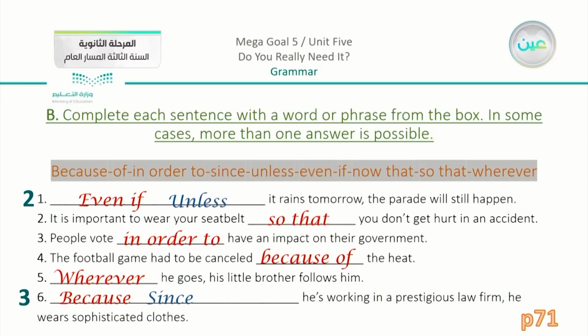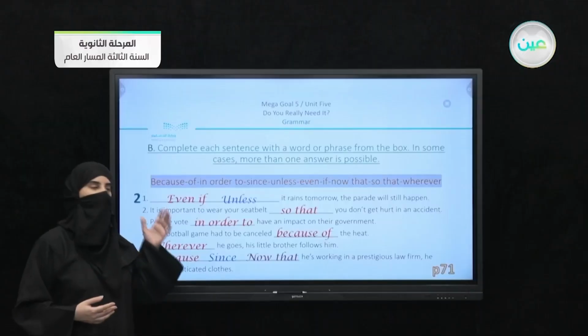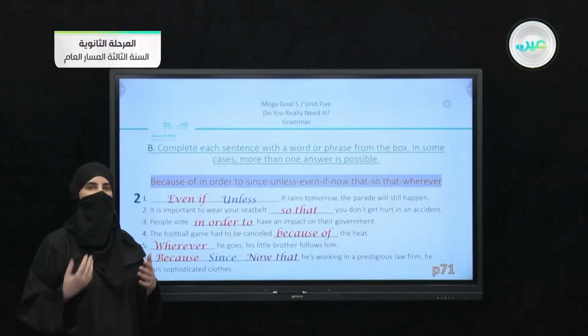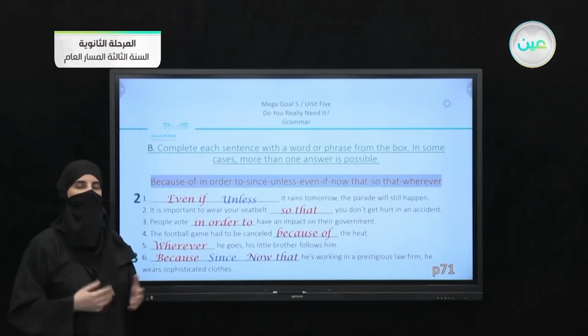Since he's working in a prestigious law firm, there is purpose. And also we can say, now that he's working in a prestigious law firm, he wears sophisticated clothes. So we do have some choices in number 1 and also in number 6, just to show you that whichever answer you have chosen from these, it is going to be correct.